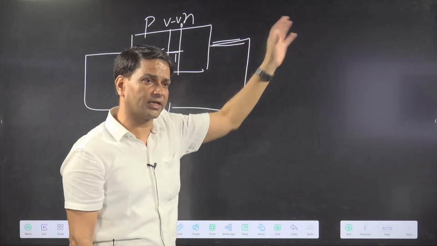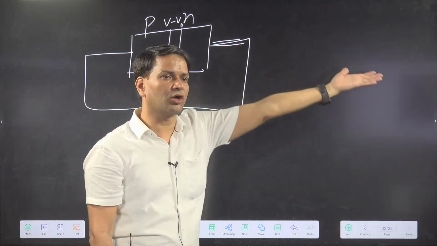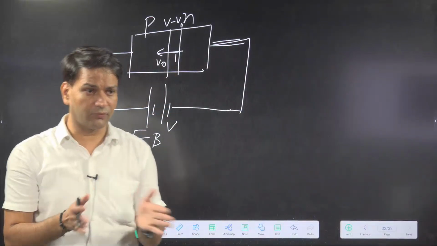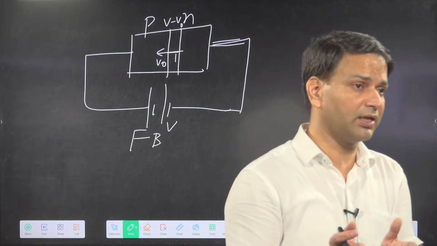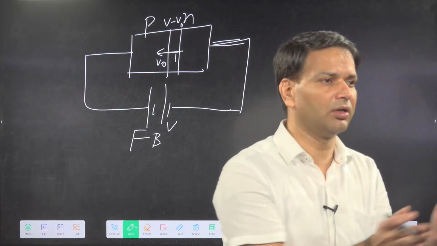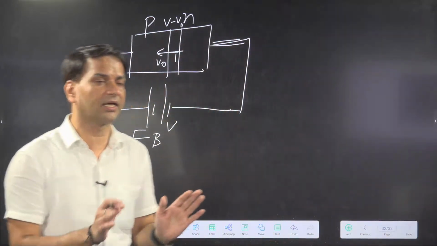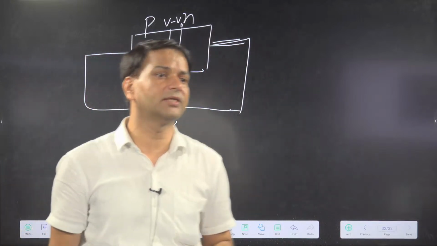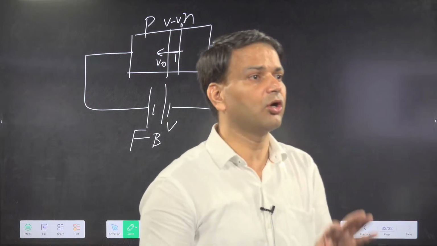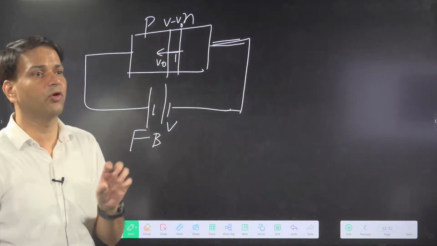Another is also identical, so same potential drop. So in forward biasing, all diodes behave identically, whether they are made of silicon or germanium, as long as they are identical. So the potential drop across all the diodes will be the same in forward biasing.